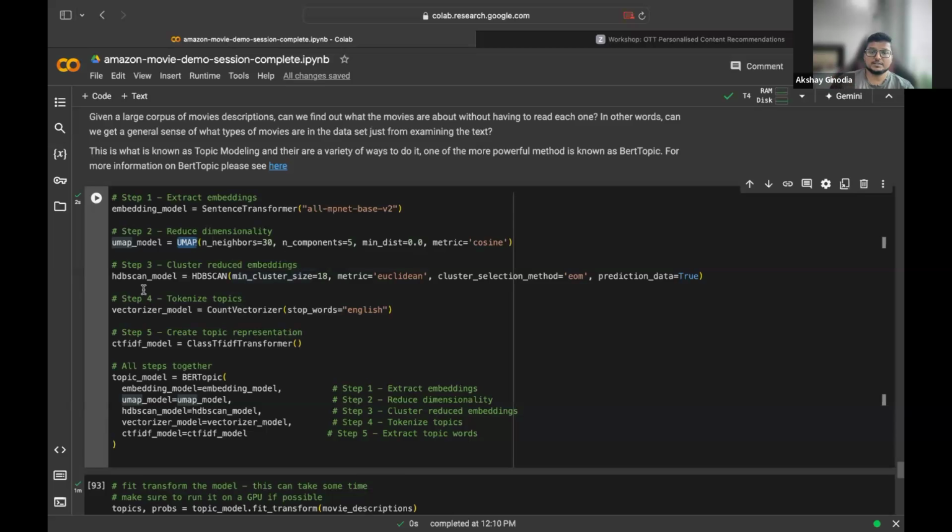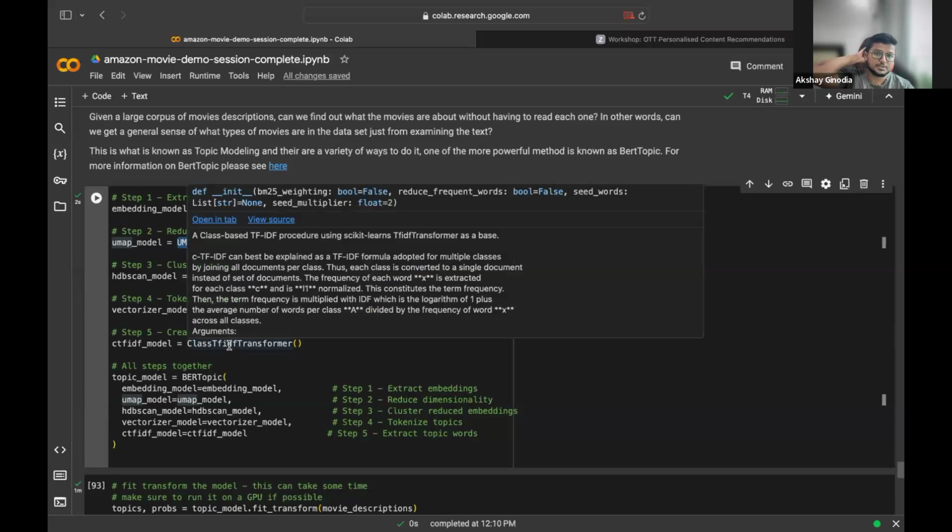So CountVectorizer is used to create tokens for our text data. And then I have the TF-IDF transformer. Think of this like when I have two sentences, like, my name is Arnab, and someone says my name is Ajay.